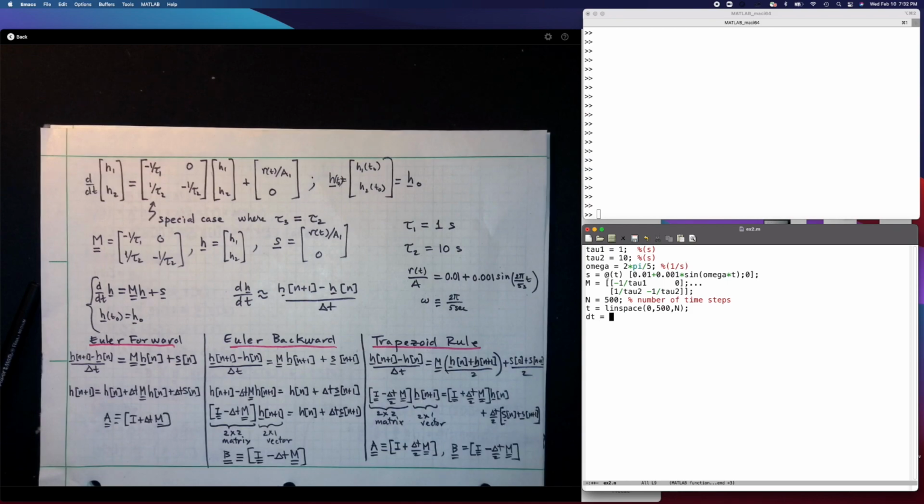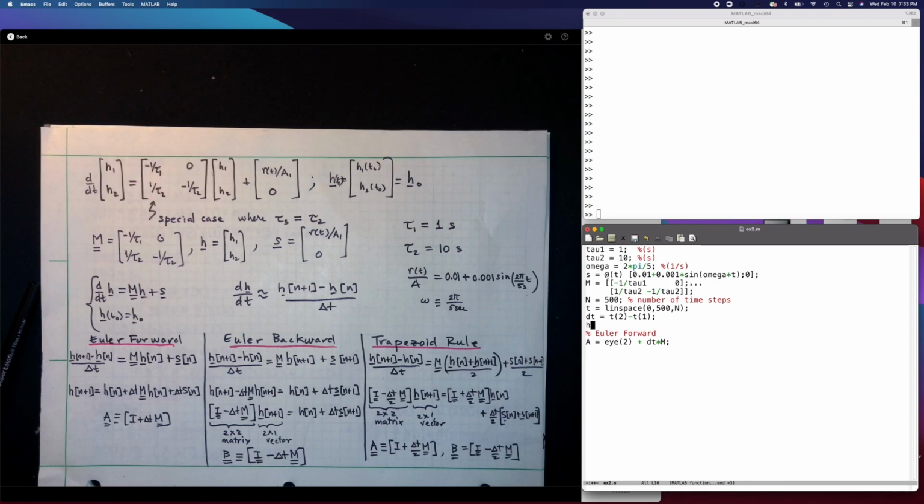So then dt is going to be the difference between time 2 and time 1. And then I can define for the Euler forward scheme, A is equal to I, the 2 by 2 identity, plus dt times M. I need a place to store the answer, right? I said that, but I didn't do it.